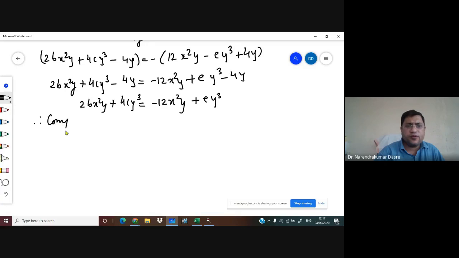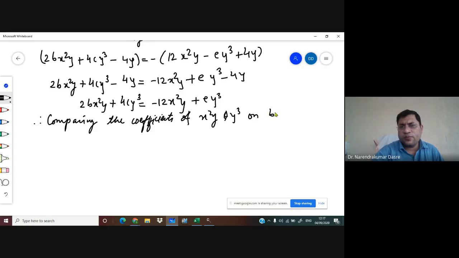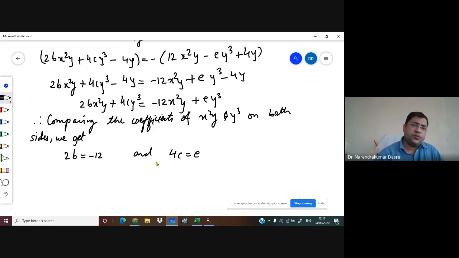So we can write, comparing the coefficients of x square y and y cube on both sides, we get 2b is equal to minus 12 and 4c is equal to e.